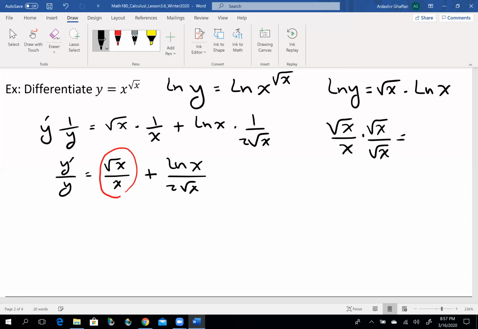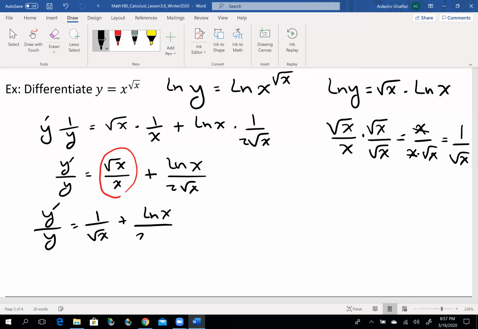The square root of x times the square root of x is just x, over x times the square root of x. Obviously this and this cancel out. So it's going to be 1 over the square root of x. So I can rewrite this as y prime over y equal to 1 over the square root of x plus natural log of x over 2 times the square root of x.